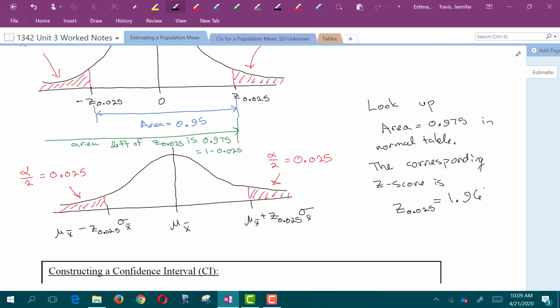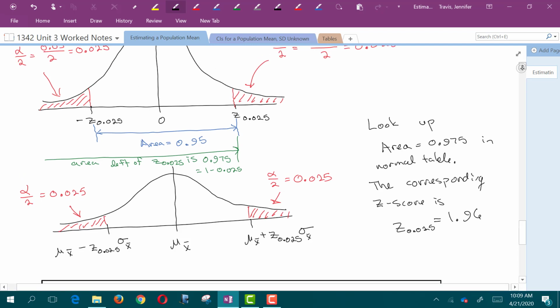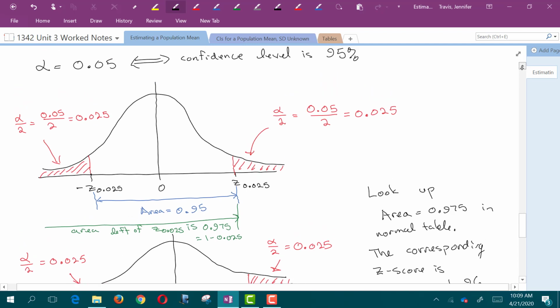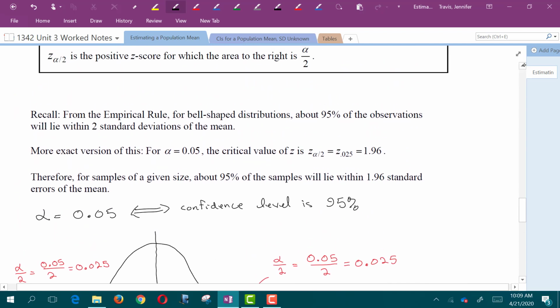Okay, so if you go back to your empirical rule, where it said about 95% of the observations will lie within 2 standard deviations of the mean, it is really 1.96 standard deviations from the mean.